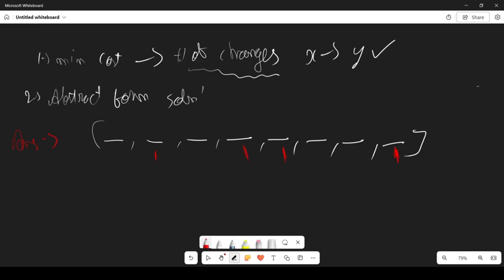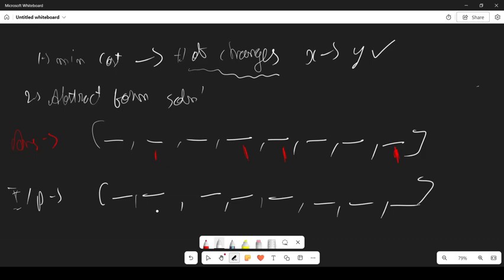Some elements are there, and while preparing this answer, we compare the outcome with the original array. This is the input array, the same 8 elements: 1, 2, 3, 4, 5, 6, 7, 8. The elements at these indices, we didn't change them.